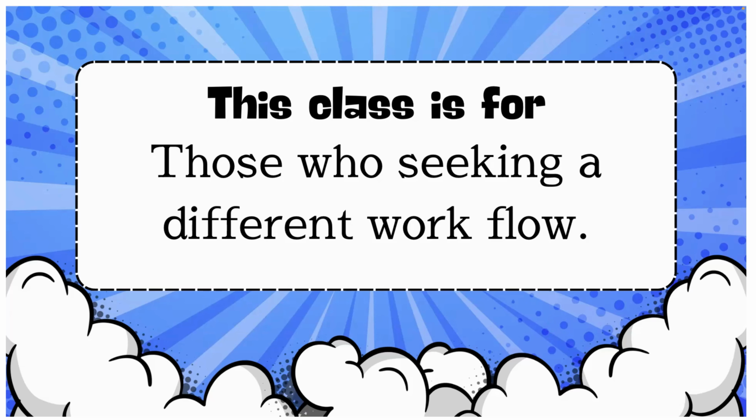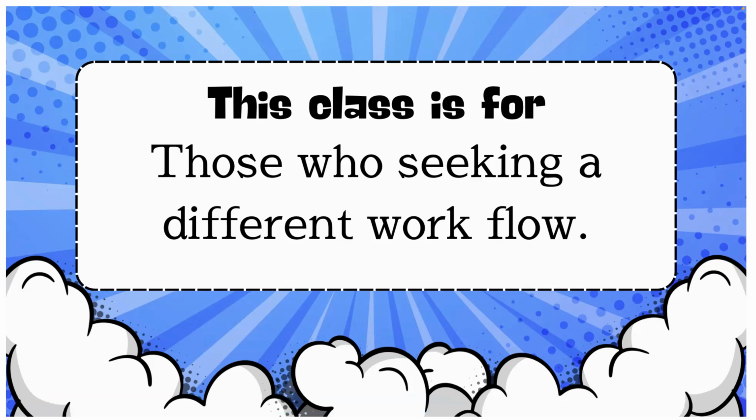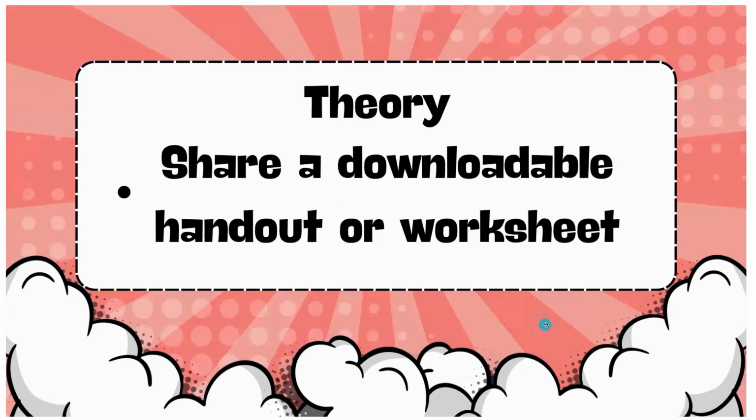So we'll learn to make sure that we have the right one and come out sometime of Sudowrite and go in ChatGPT or Claude or the one you're using every day and ask question to your ChatGPT or your Claude, is this the right outline for my book? So I will show you how I deal with that also. So at the end, you're going to find your workflow and the best outline for your story.